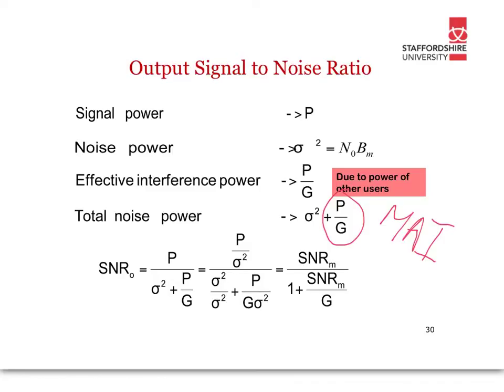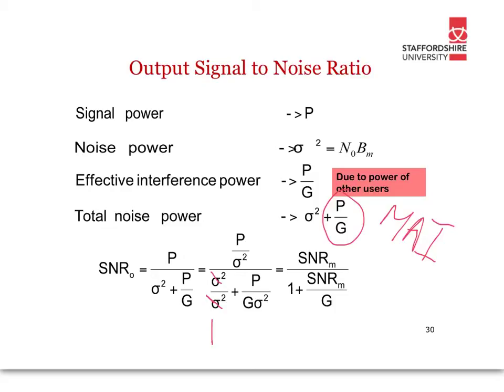So if we divide every single term by sigma squared, that gives me P over sigma squared over sigma squared over sigma squared, which cancels to 1, plus P over G sigma squared.